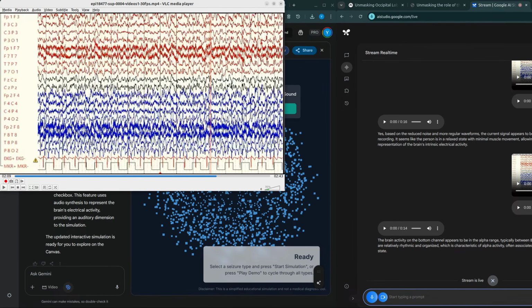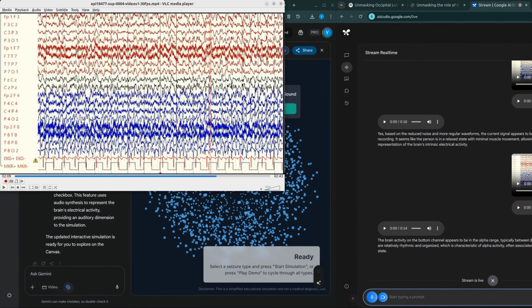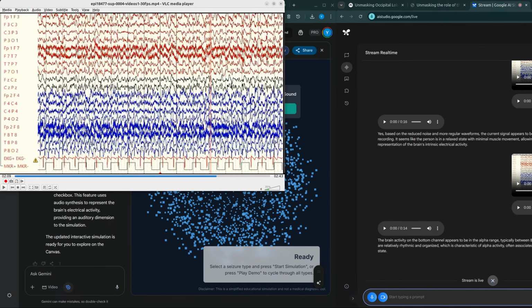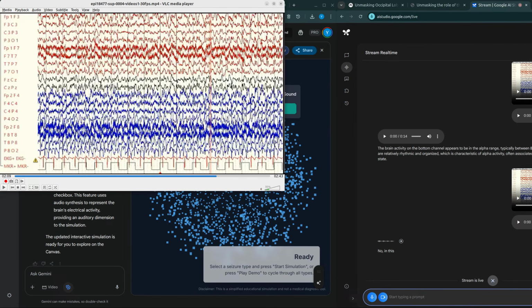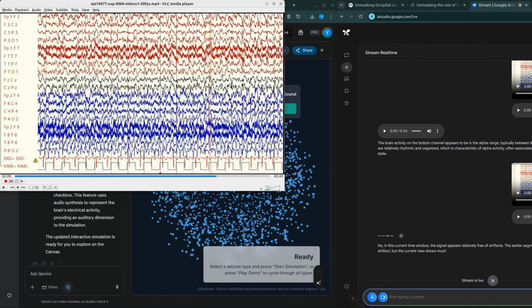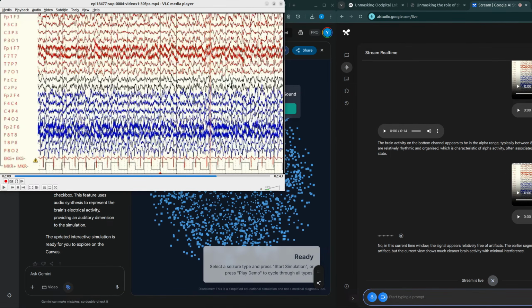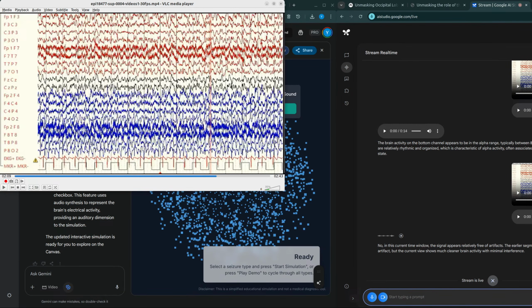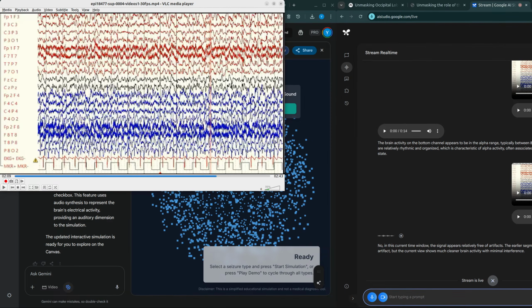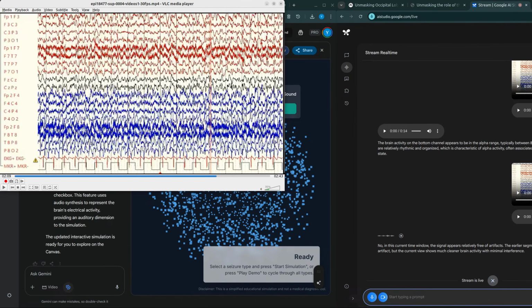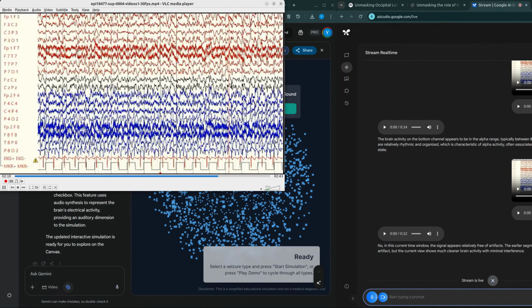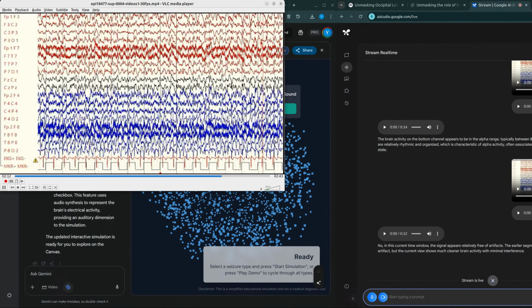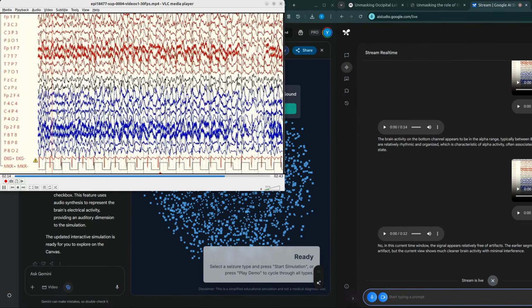Are there any artifacts in the signal? No, in this current time window, the signal appears relatively free of artifacts. The earlier segments had noticeable muscle artifact, but the current view shows much cleaner brain activity with minimal interference. Except the muscle artifact, are there any other types of artifacts?